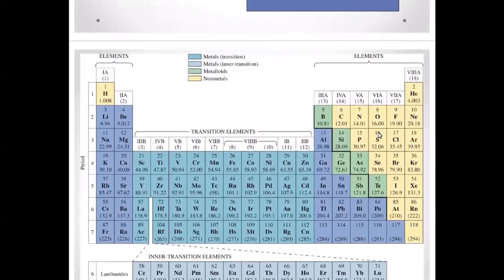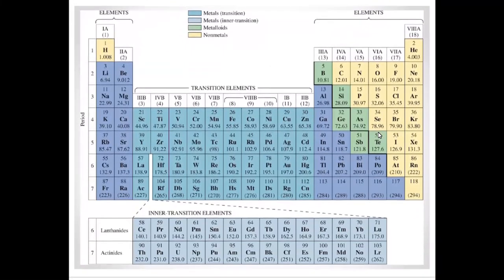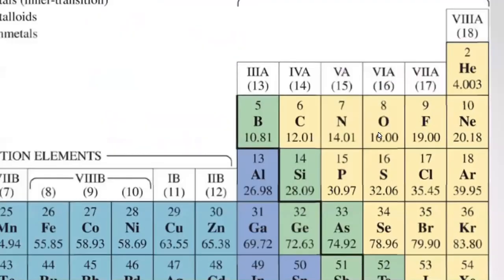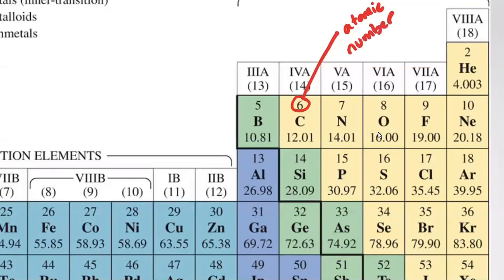So when you look at a periodic table, for instance, if we're looking here at carbon, you can zoom in on carbon right here. And we see the 6. That is the atomic number. That tells you the number of protons.